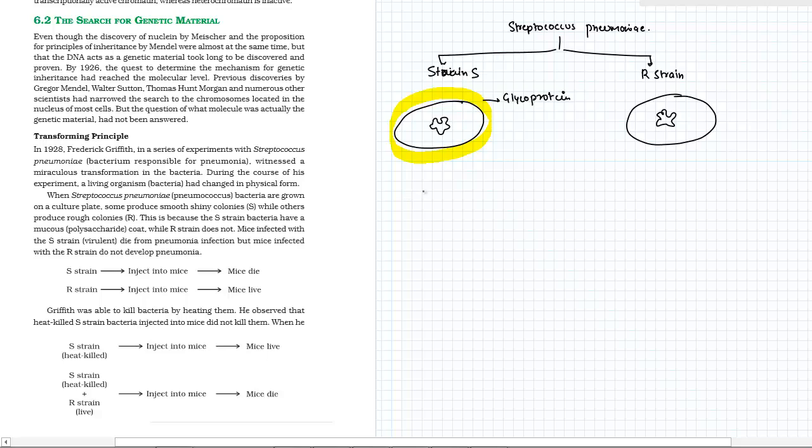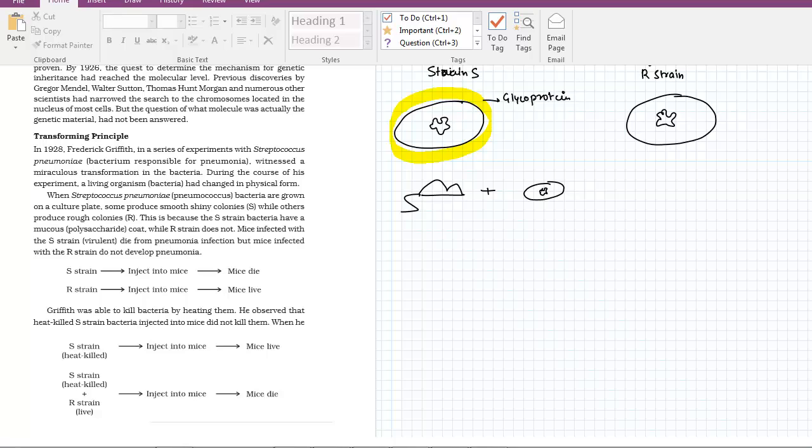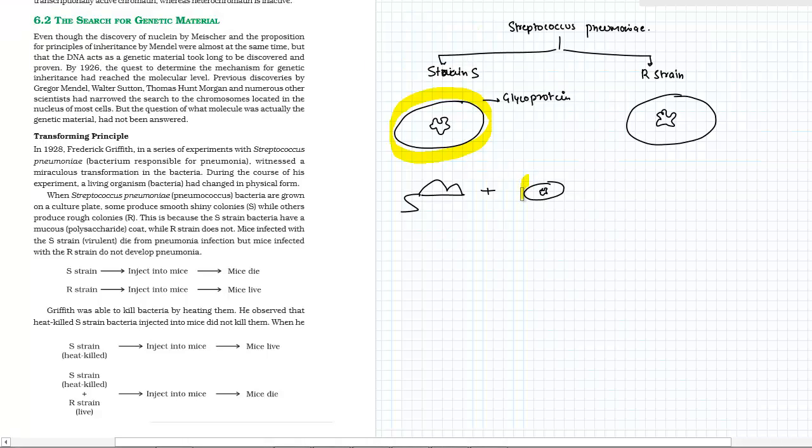So he set up one particular experiment. What did he do? He took mice, and he was going to inject this mouse with the smooth strain. Since the smooth strain was virulent, it had this covering outside of it, so that after some time, what he observed was that the mouse died.